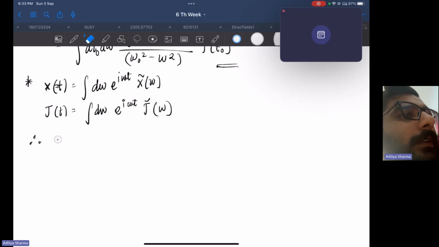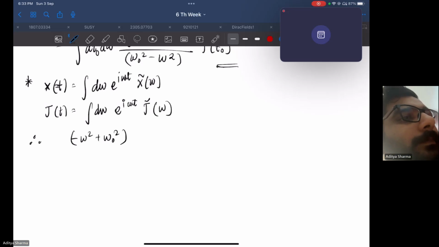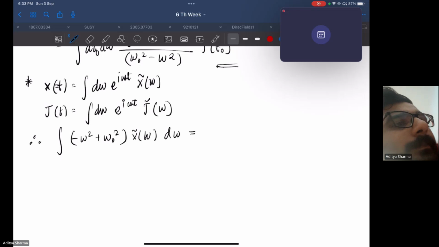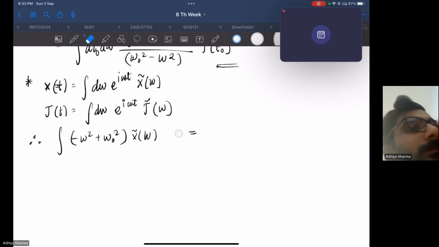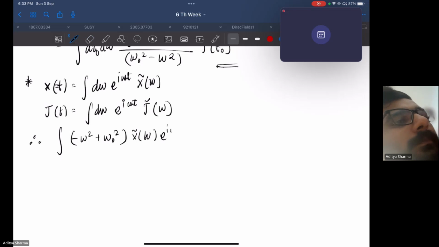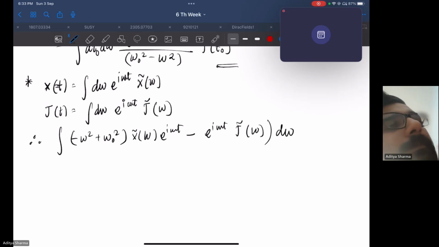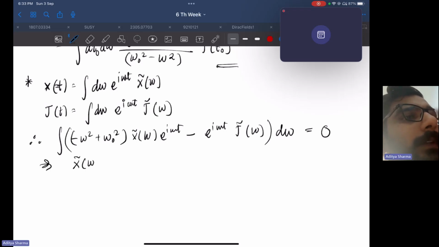We'll get minus omega square plus omega naught square, integral x of t, d omega, e to the power minus omega t, equals 0, which implies x tilde of omega is j tilde of omega e to the power of omega t.